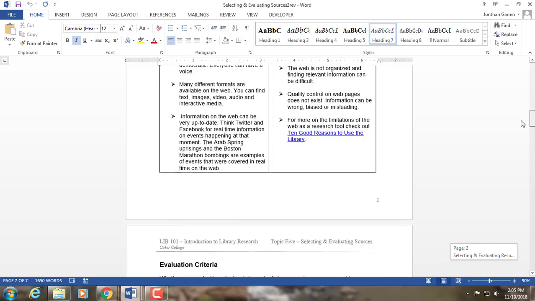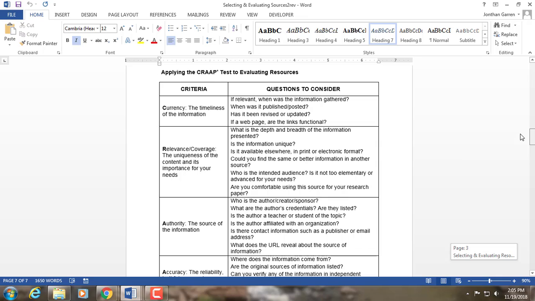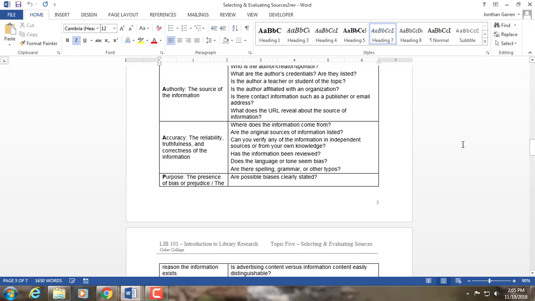But mostly just make sure you're paying close attention to the CRAP test evaluation, and really digging down into this, seeing what each one of these means, so that when you go to the website evaluation form that you're going to have to fill out for the assignment this week, you can go in confident and really know what each one of those sections is going to require.